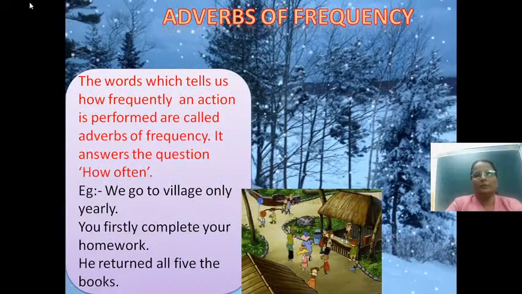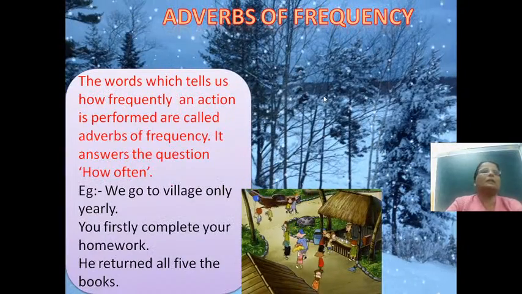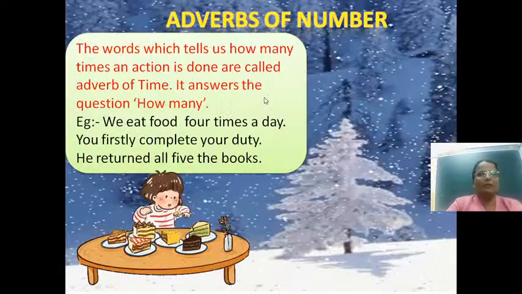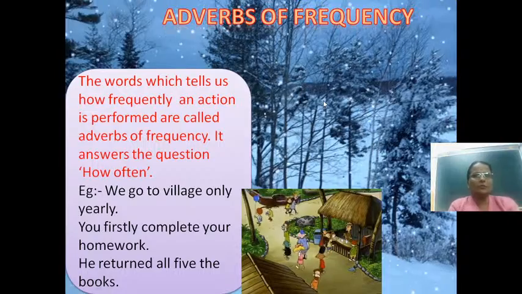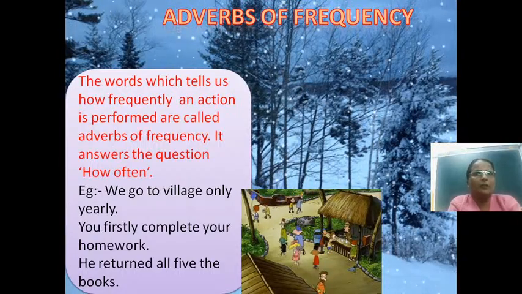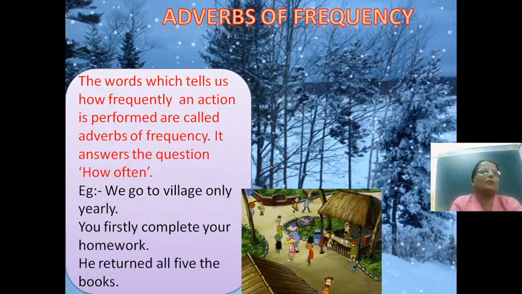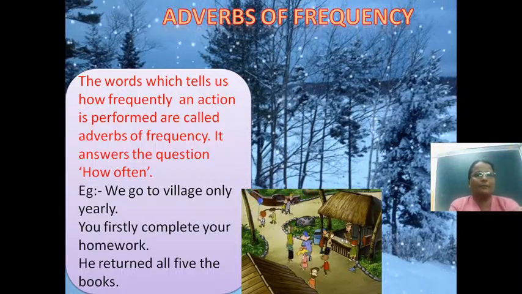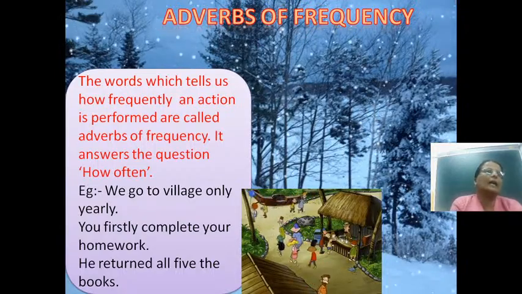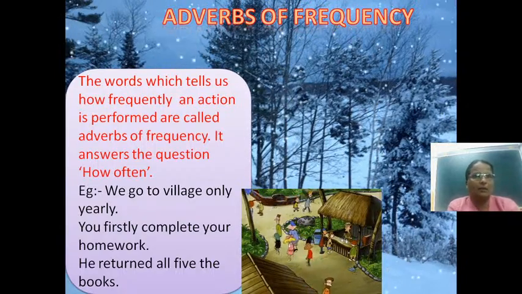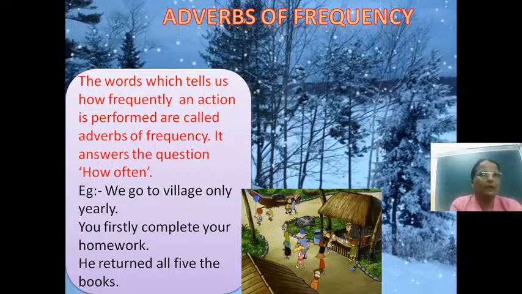Right. Now we are going to discuss the last kind of adverb, that is adverb of frequency. So students, here we are going to see the definition of adverb of frequency. The words which tell us how frequently an action is performed are called adverb of frequency.